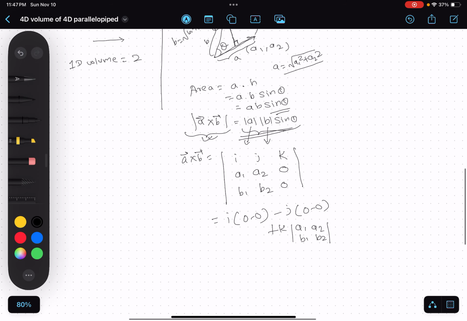Now see that this is just a k vector times a constant, so this is k cap, because this is a unit vector.